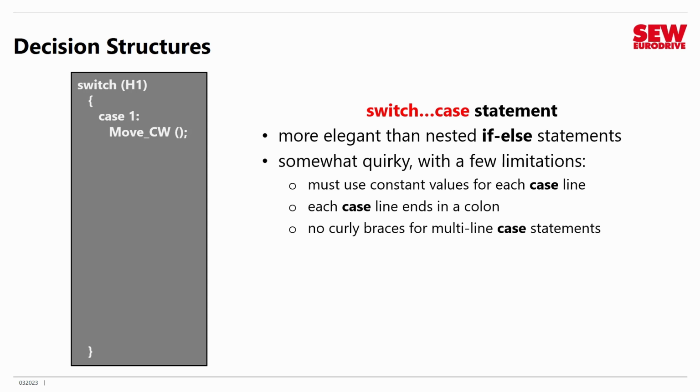That's one of the possibilities, one of the possible values H could be. There's a colon there, notice that's kind of unusual. And then after that, one or more lines of code to execute if that particular case is true. So this is sort of like a single if statement in here. And of course, then you'll have as many cases as are necessary to cover all the possibilities.